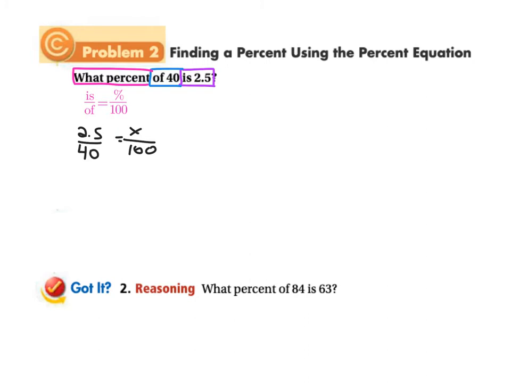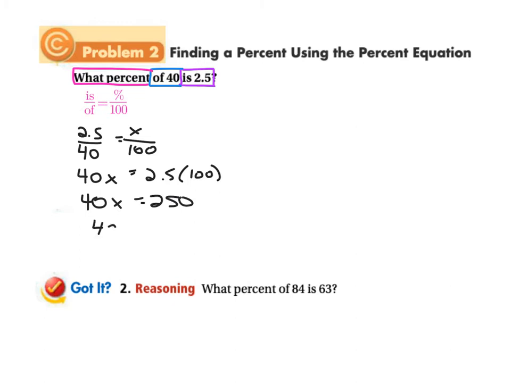Now when we cross multiply, 40 times X is 40X equals 2.5 times 100, which, fun fact, when you multiply a number by 100, you move the decimal two places to the right. So we get 40X equals 250.